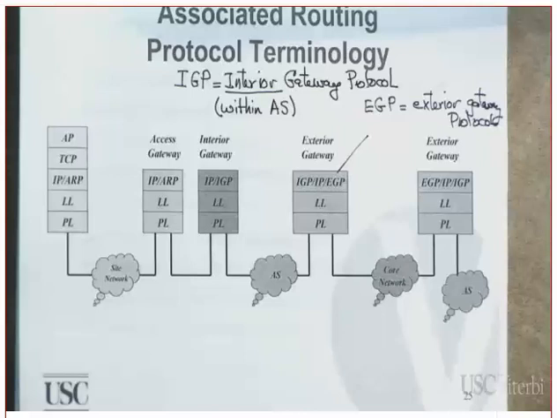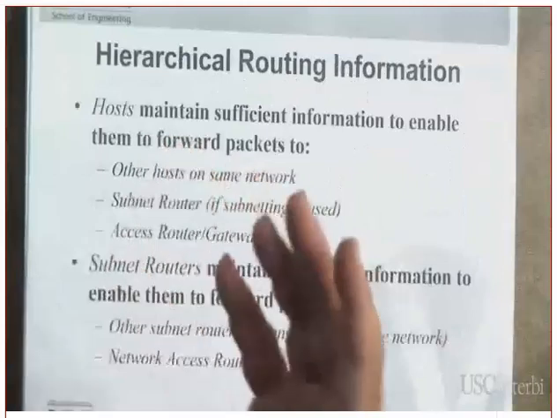Okay. The routing algorithms, we have seen these classifications, and we have two types. First of all, intradomain. Intradomain means within an autonomous system.